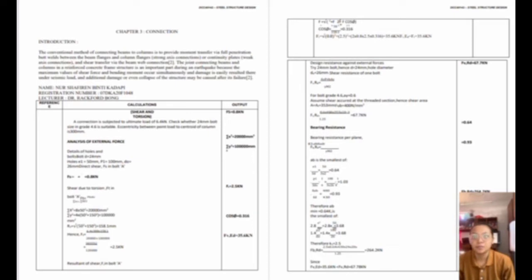The joint connecting beams and columns in a reinforced concrete frame structure is an important part during an earthquake because the maximum values of shear force and bending moment occur simultaneously, damage is easily caused there under seismic load, and additional damage or even collapse of the structure may be caused after its failure.